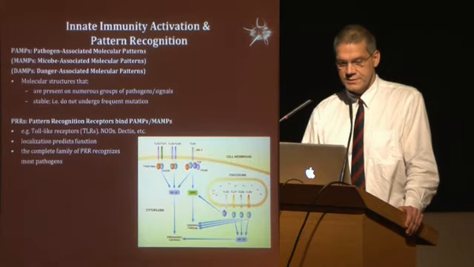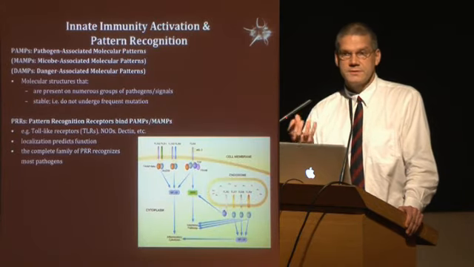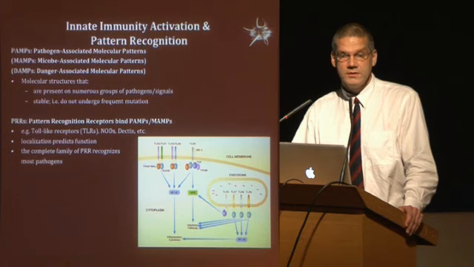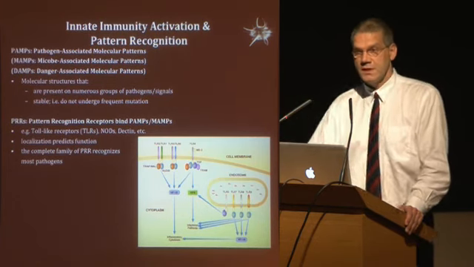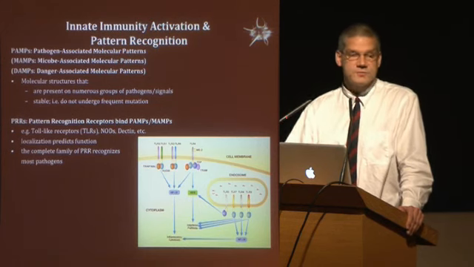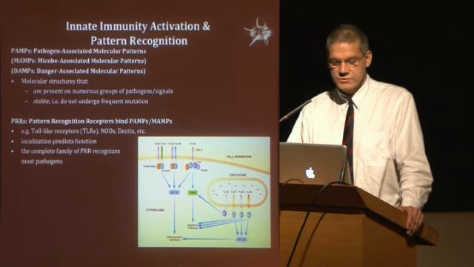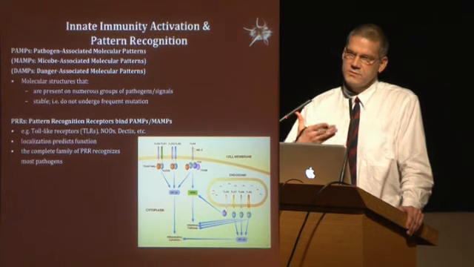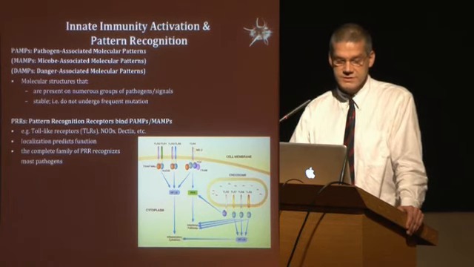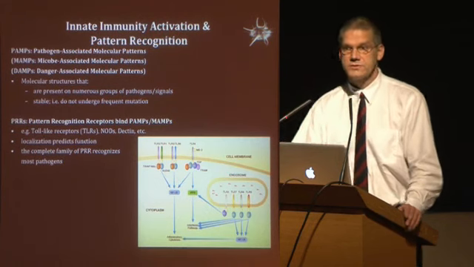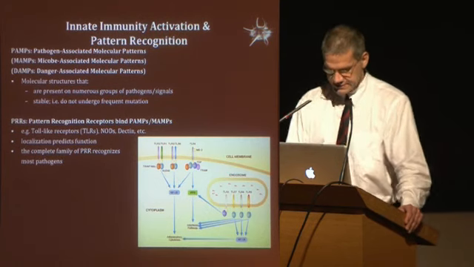The major function of these receptors that bind either specific molecules or whole pathogens, and therefore are called pattern recognition receptors, is to identify what has most often been called pathogen-associated molecular patterns. And I think you've already heard in several of the talks today that they're not necessarily pathogen-associated, they may be just microbial-associated patterns or even danger-associated patterns.